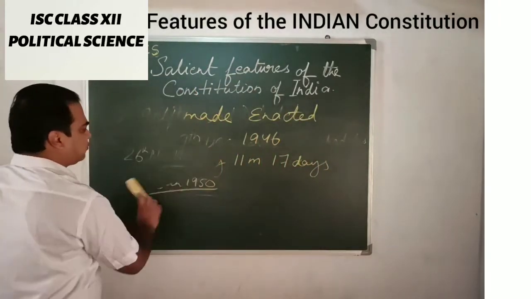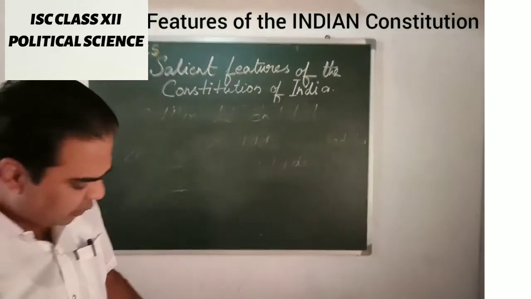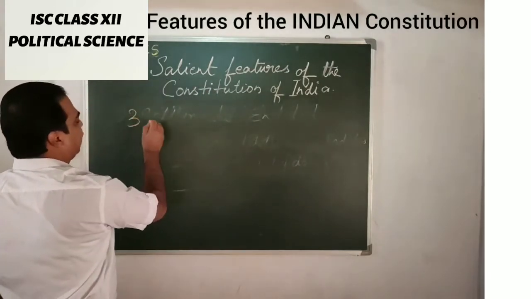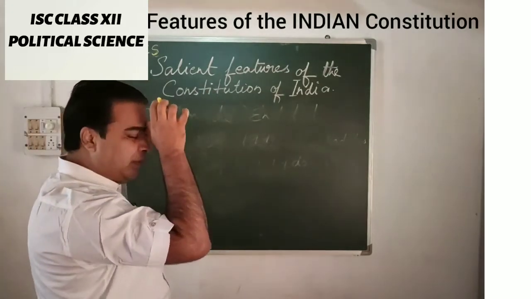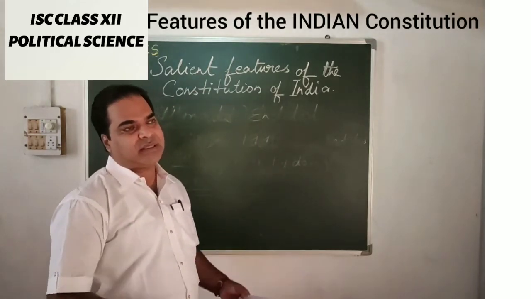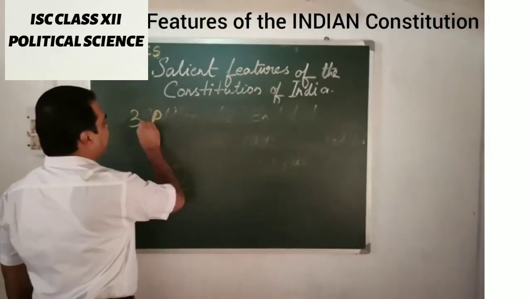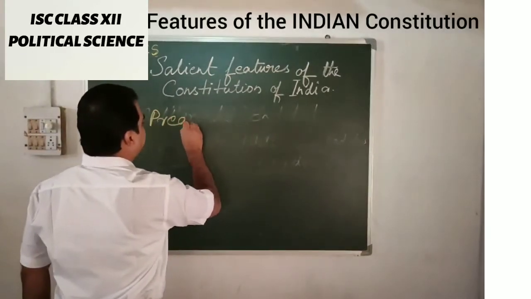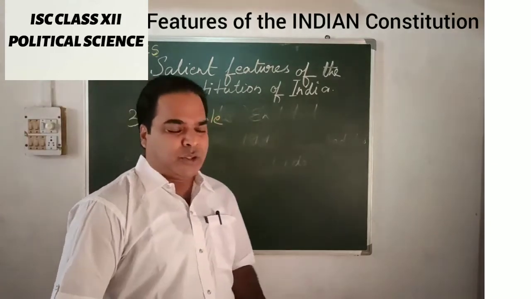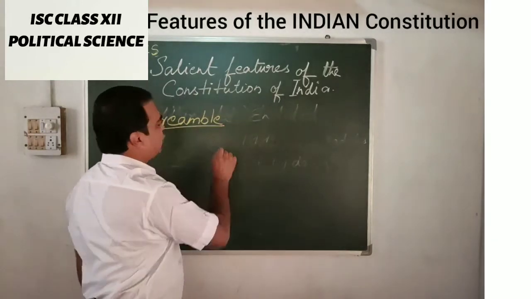Now the next one we have is number 3, the preamble. In the previous class I showed you the preamble and discussed some of its important features, but we need to discuss it again. The preamble is the introduction to our constitution.